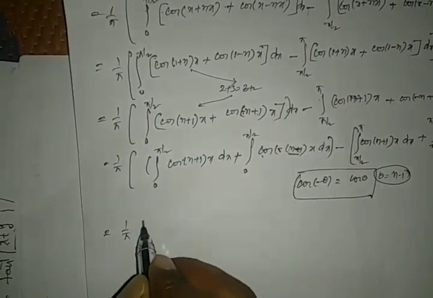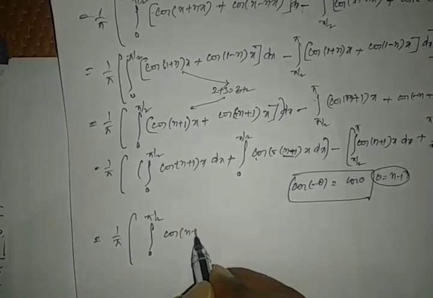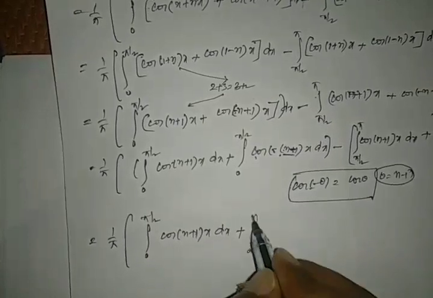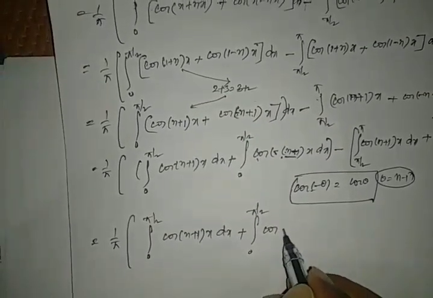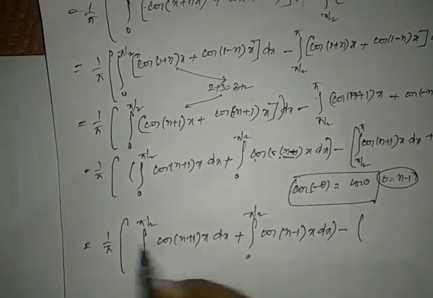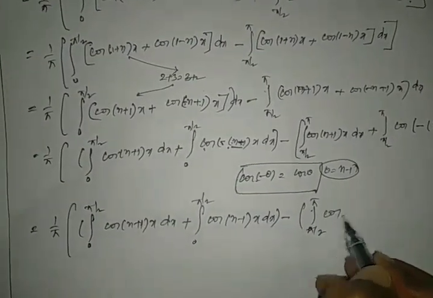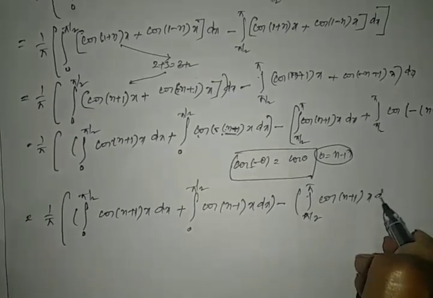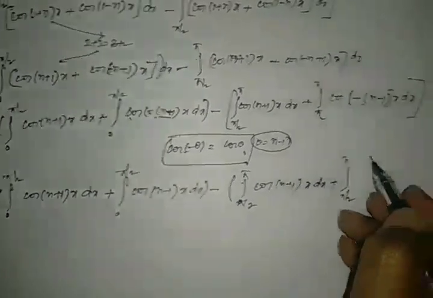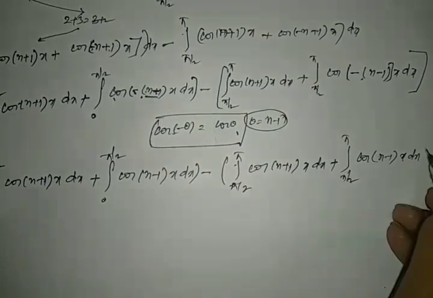this is 1 by pi whole into integral 0 to pi by 2 cos of n plus 1 into x dx plus, if we apply here, this is also integral 0 to pi by 2 cos of n minus 1 into x dx, minus integral pi by 2 to pi cos of n plus 1 into x dx plus, here also the same formula, integral pi by 2 to pi cos of n minus 1 into x dx.